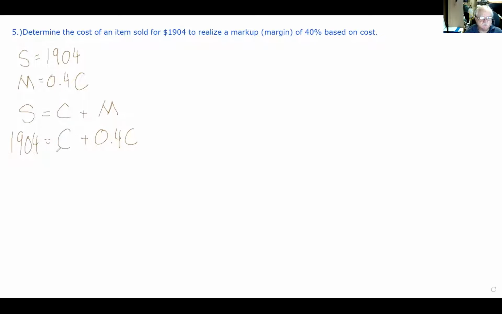There's an invisible one here. So this becomes 1904 equals 1.4 cost. And now we can divide through and solve for the cost. 1904 divided by 1.4. And that should give us an answer.